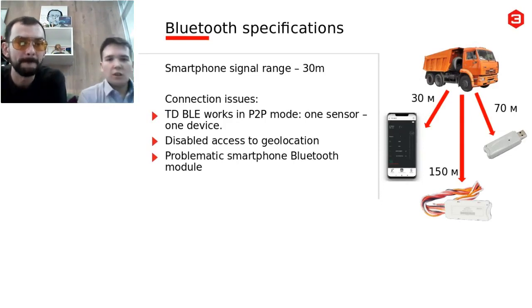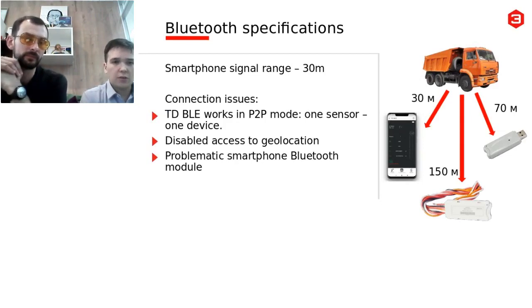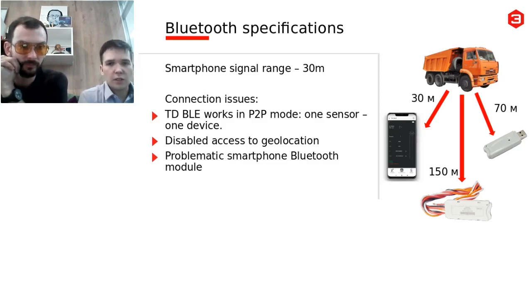Okay. So we have tested different devices with our sensors in the field, so to speak. We installed one of our TD BLE on the truck that you see on your screen, and then tested the distance at which different devices lose the connection with the sensor. As you can see, the maximum distance for smartphones is 30 meters.